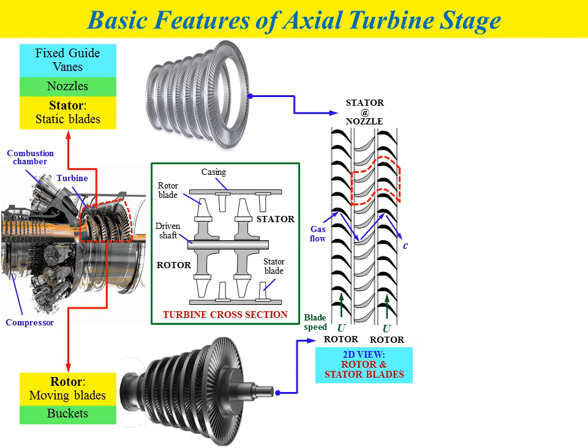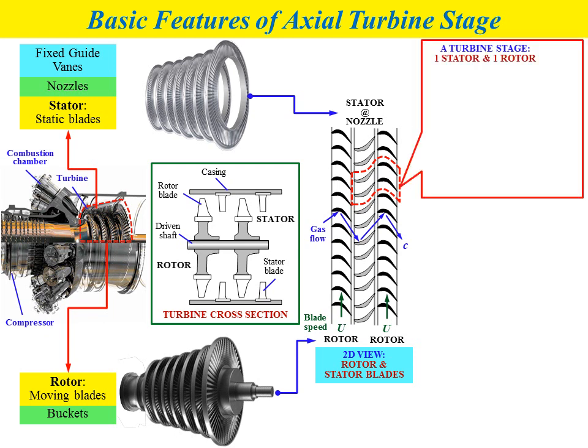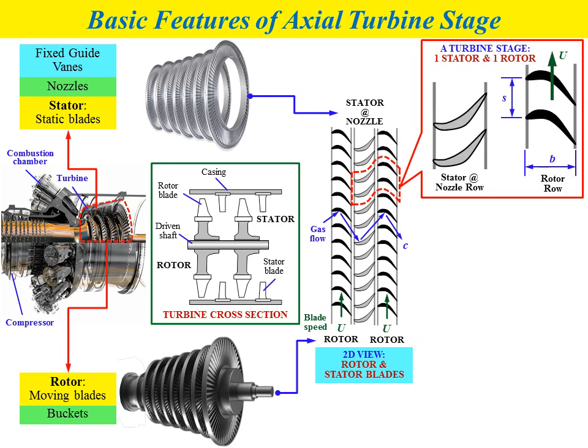Okay, part of the blade as shown in the figures we call a turbine stage, where in terms of definition, a turbine stage consists of one stator and one rotor, as shown in the schematic diagram. So normally for analysis of a turbine stage, we consider one stator and also one rotor. So we just take a few samples of the blade in our schematic diagram.